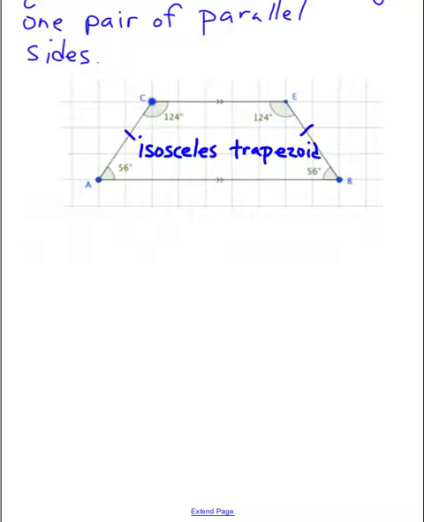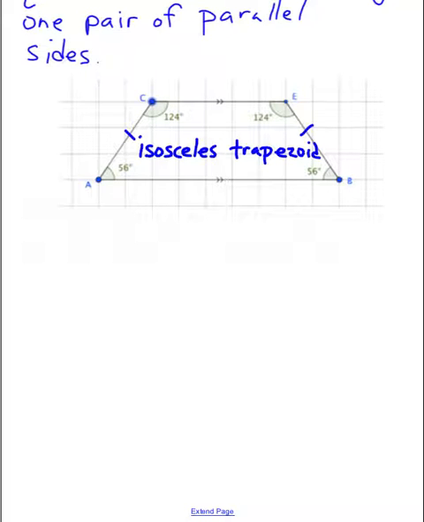A trapezoid with two pairs of congruent angles. Oh, interesting. That's not the technical definition, but it would be hard to argue with that definition.